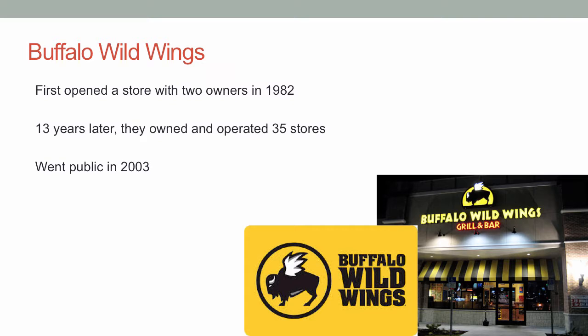Public means you have shares and stock available for investors, and now you're saying, we'll let you buy into our company, pay us some money, and then we get a lot of money from all these investors that will let us do some big things. So they went public in 2003, and now in just 5 years, in 2008, they have over 500 restaurants, are still growing, are still expanding, probably even have more today in 2017.